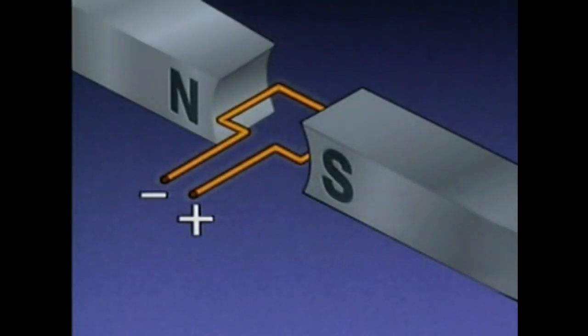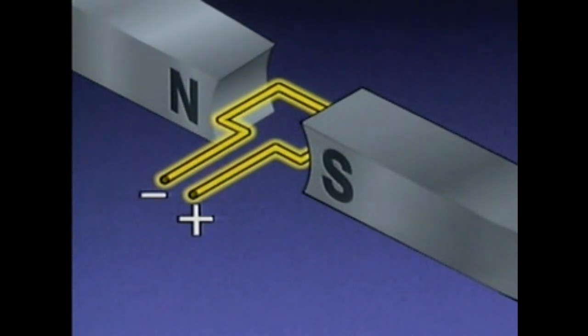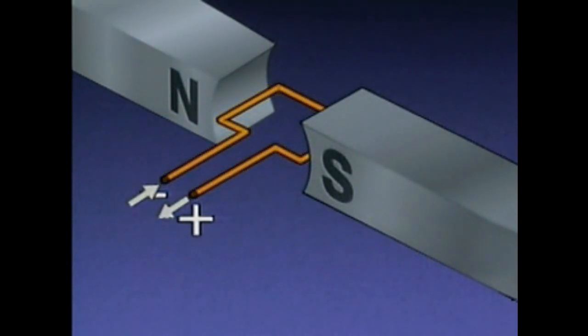We can use an illustration to see how this is done. In this illustration, a loop of wire is positioned in the magnetic field created by two permanent magnets. The loop is connected to a source of direct current, or DC power, which is not shown. Current flows from the negative side of the DC power source through the loop to the positive side.